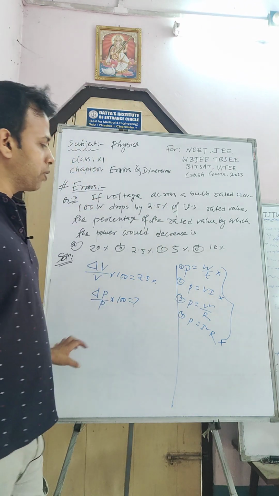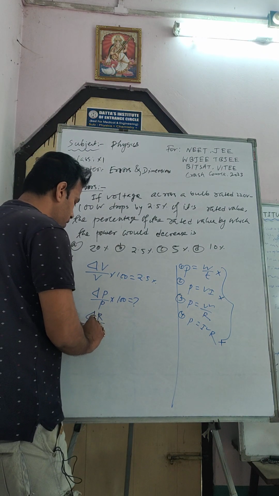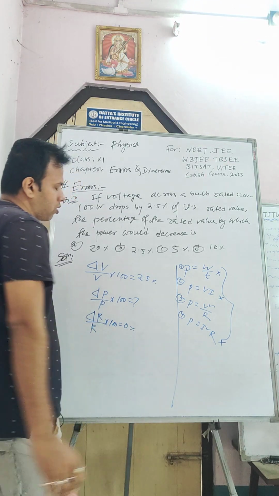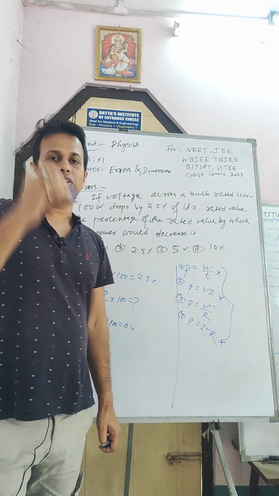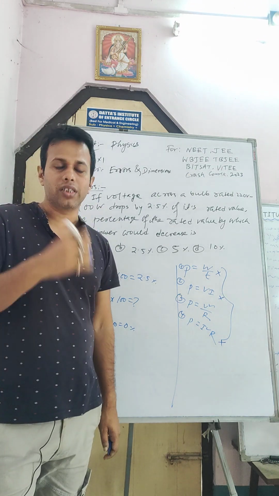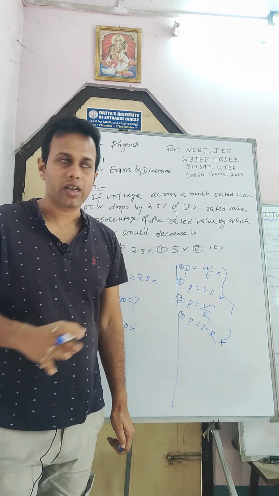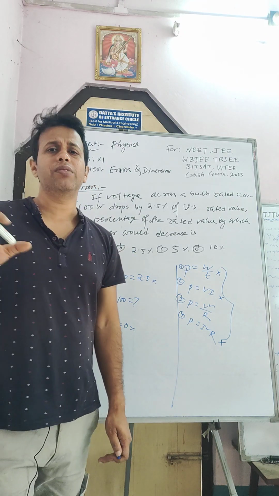Okay, so V is given, but R, yes, R is also given in a hidden condition. R is what? Del R by R into 100 is equal to 0%. Because if the voltage is fluctuating, dropping or increasing, in that case the resistance of the filament, the resistance of the wire, the resistance of the bulb, or the resistance of any electrical device cannot change.